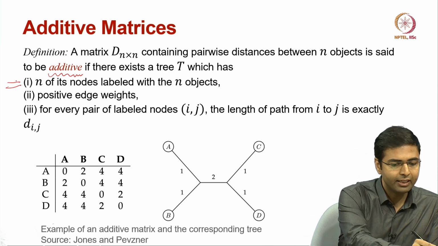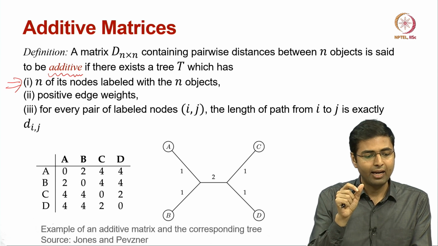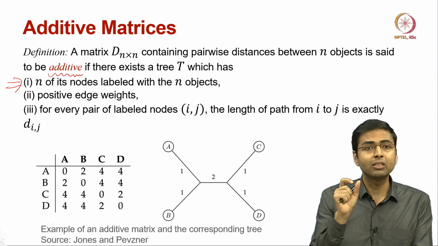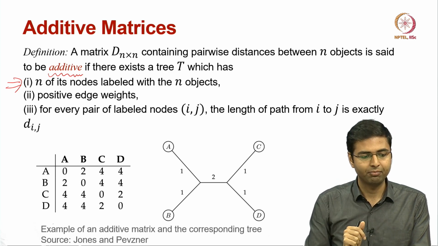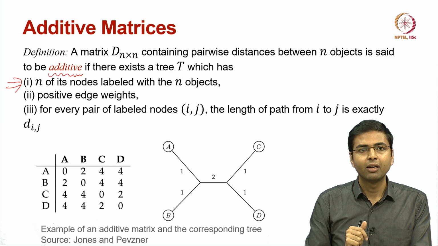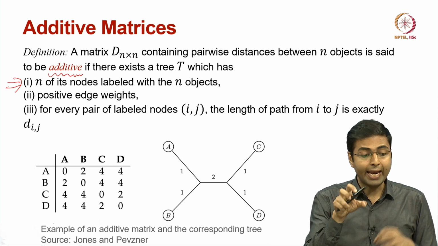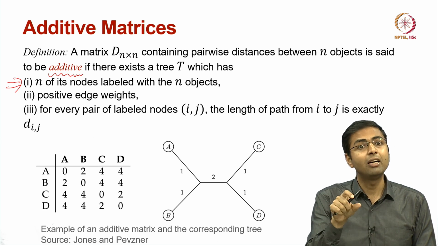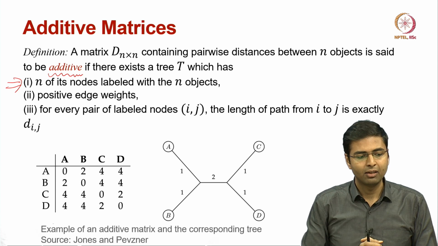The first property is that it must have at least n nodes, and n of its nodes should be labeled with the given n objects, right. So out of this tree you should have n labeled nodes which are labeled with the n objects respectively, right.